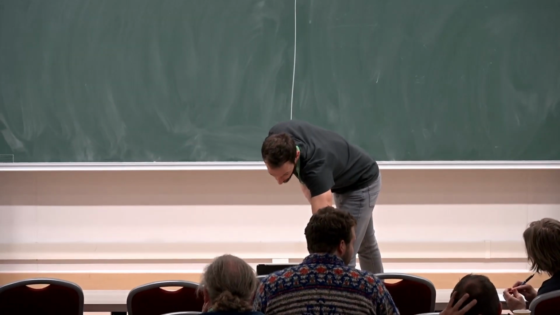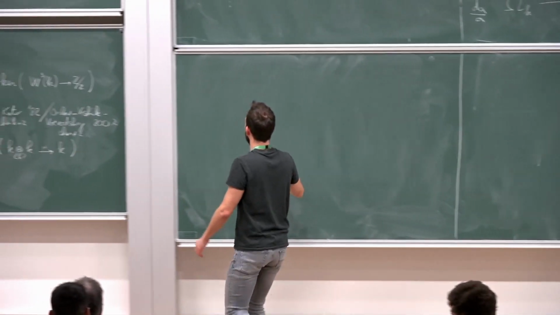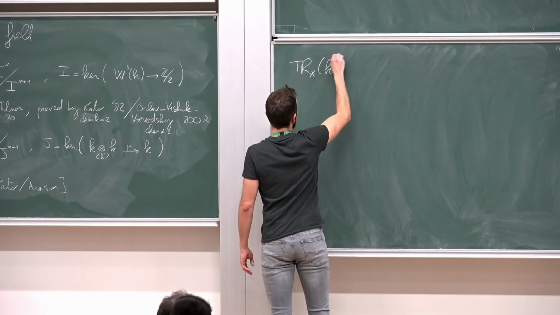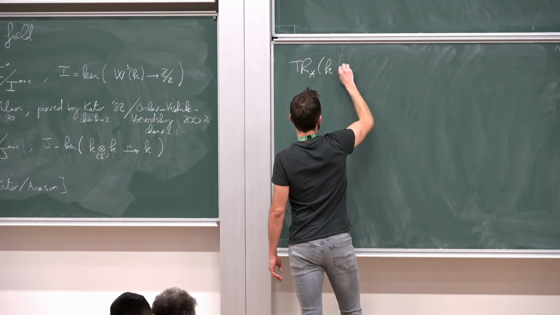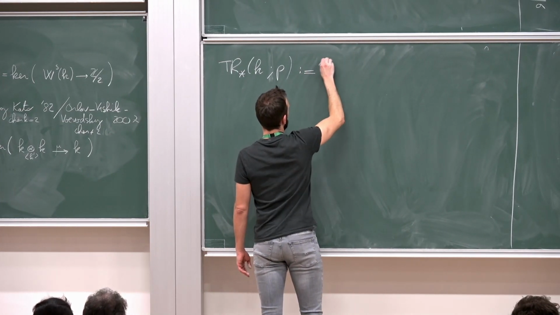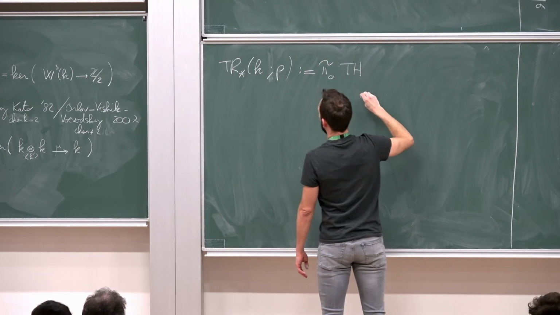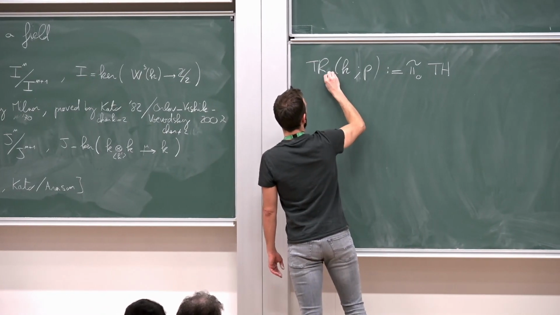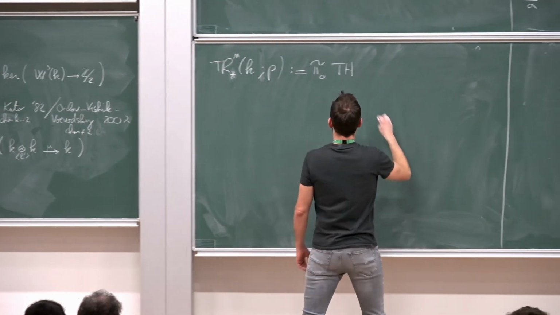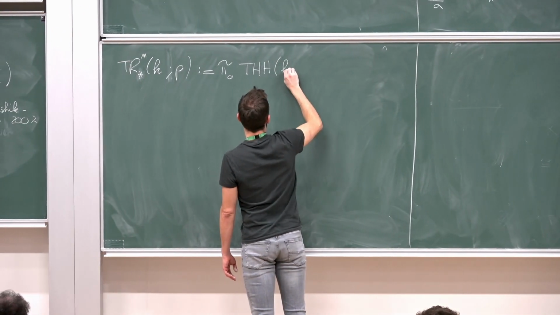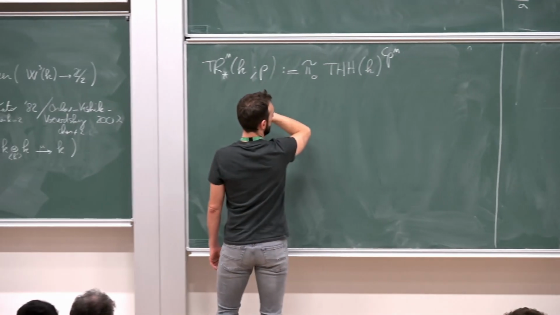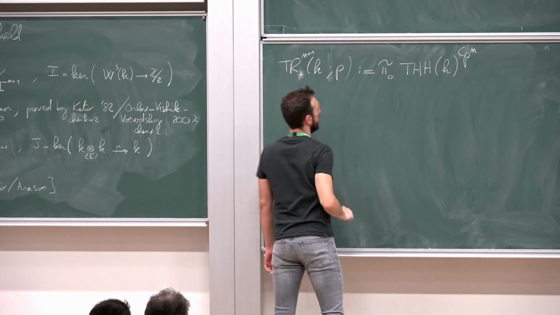Okay, and then one can define TR_* of k, and we pick a prime p, which eventually is going to be the prime 2, and we can define this to be π_0 of TR^n.